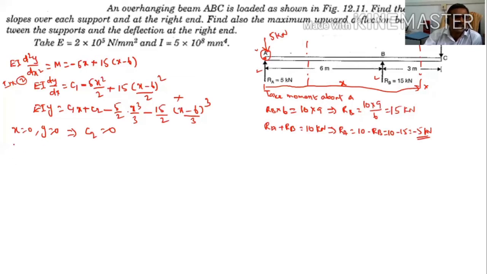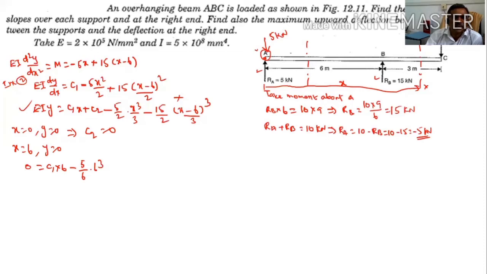Another boundary condition is at this support, where x is equal to 6 and y is equal to 0. If you substitute this boundary condition in the deflection equation, you will get 0 is equal to C1 into 6, already C2 is 0, minus 5 by 6 into 6 cube.